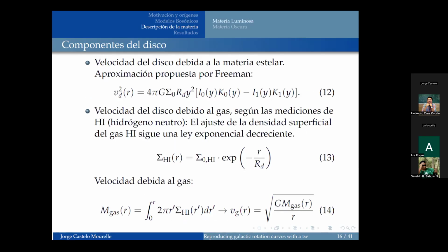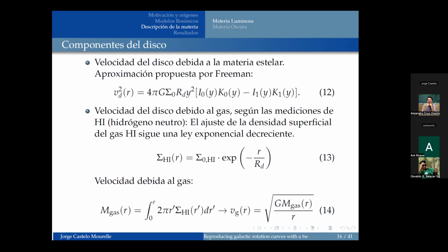So the description of the luminous matter in our work was kind of, let's say, naive, because we just wanted a luminous description that was nice. We did not enter into very deep details, because I know that there are other approximations for describing the stellar disk and the gas disk, but we just took some that we know work.